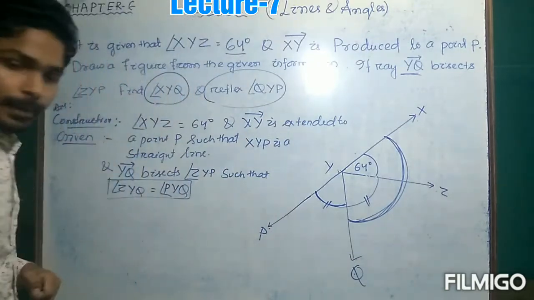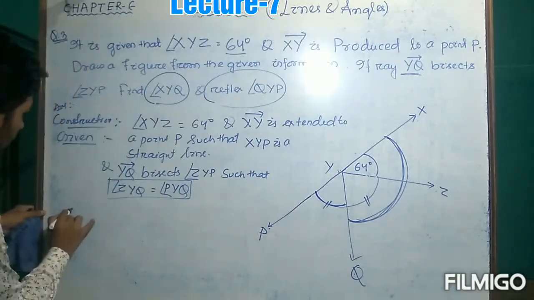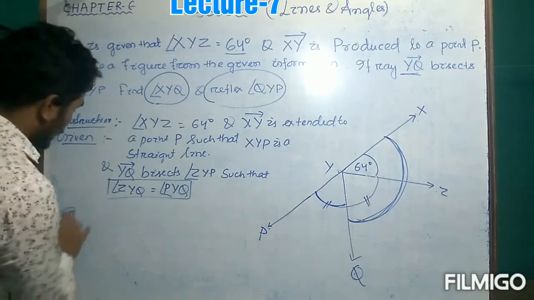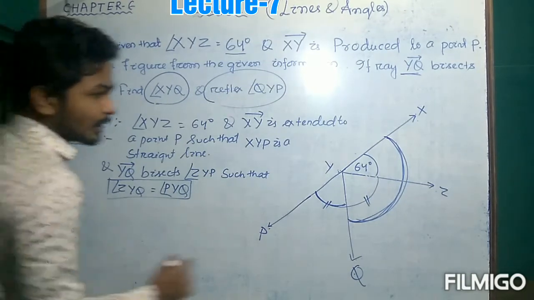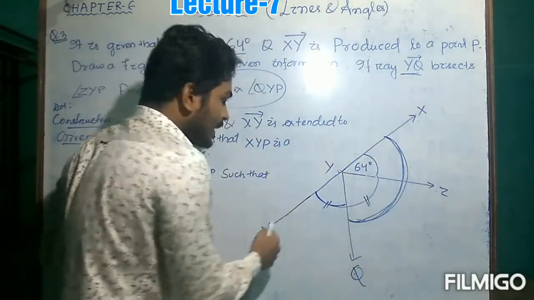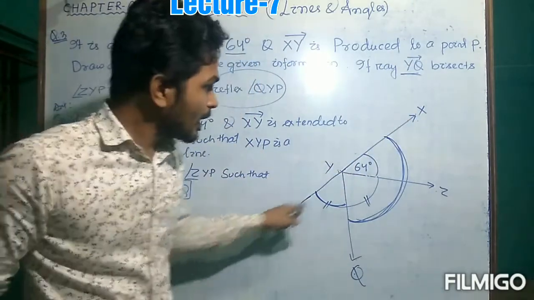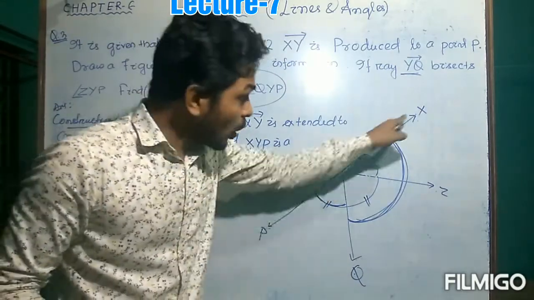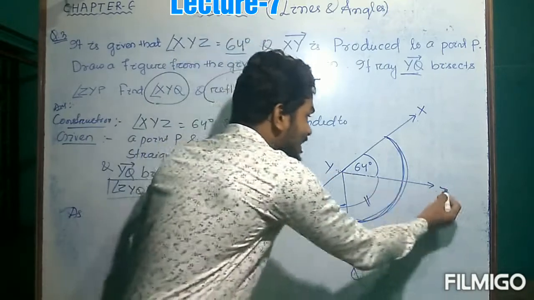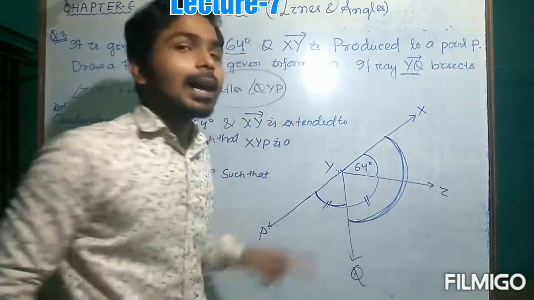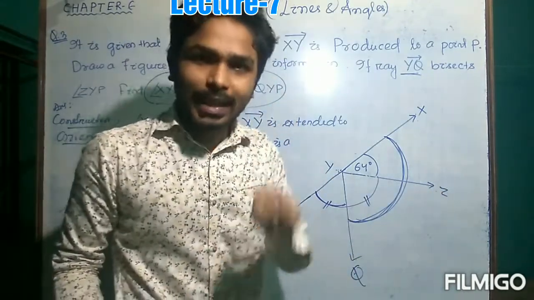Okay, so let's find the answer. XYP is a straight line. This is a straight line. Then on this straight line, YZ and YQ are two rays. Yes or no? Yes.